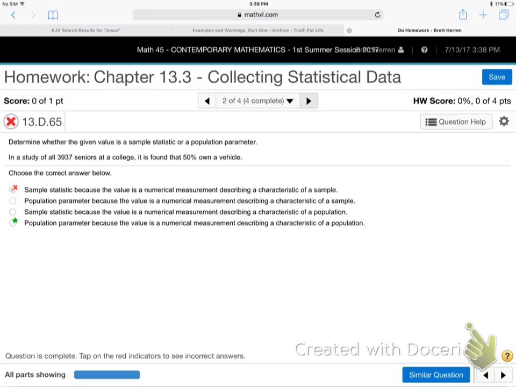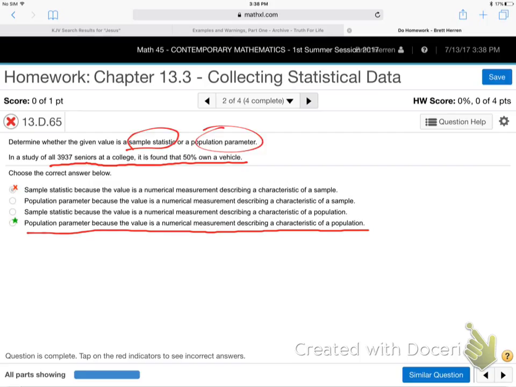Okay. Whether the given value is a sample statistic or a population parameter. In a survey of seniors at a college, it found that 50% own a vehicle. That's a population parameter because the value is a numerical measurement describing a characteristic of the population. What's the difference between a sample statistic and a population parameter?